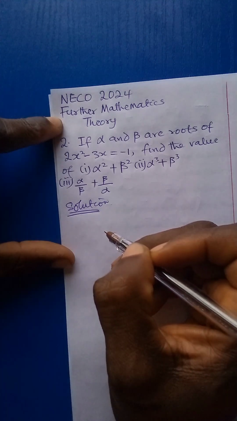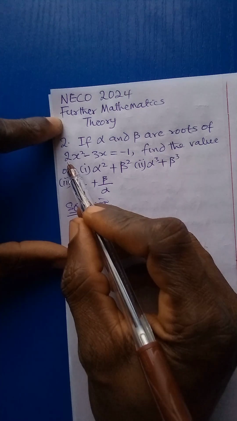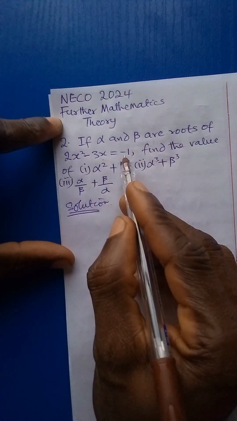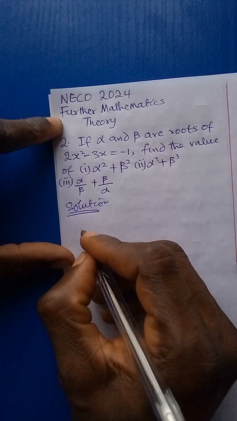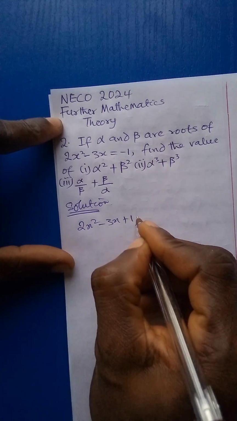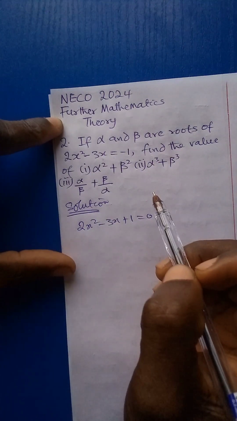Now to proceed, we are given a quadratic equation which is 2x squared minus 3x is equal to minus 1. So let us rewrite it as 2x squared minus 3x plus 1 is equal to 0 by adding 1 to both sides of the equation.